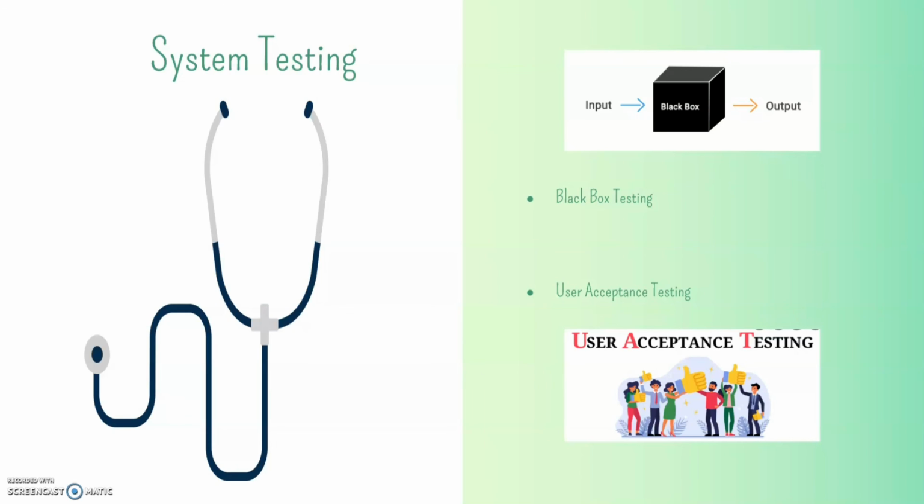The eClinic system was tested by black box testing, and the second one is user acceptance testing. The user acceptance testing checks against the requirements of the users, where the stakeholders use the system and give their comments on whether the functionality of the system was up to their expectations. The eClinic system was tested by both of these kinds of testing, and the results were passed.